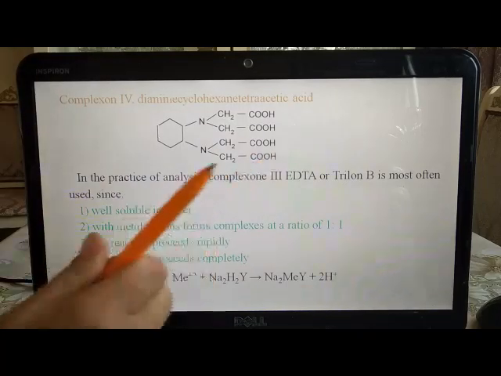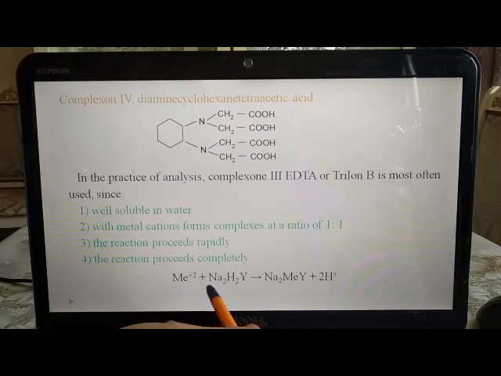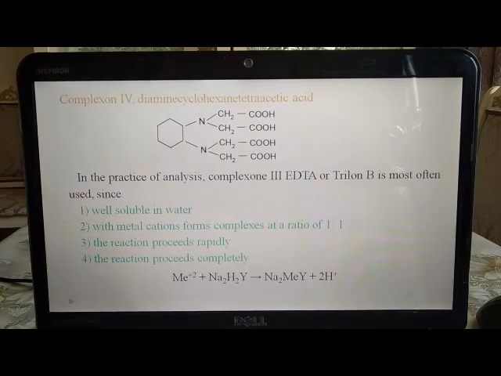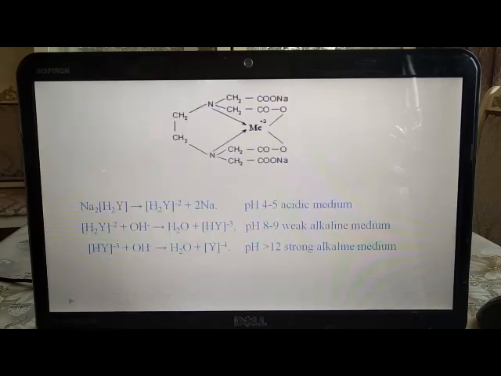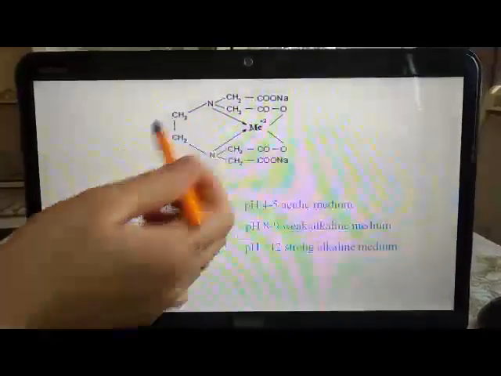The equation has this form: metal cation plus Trilon B gives the salt of the complex with the metal, and hydrogen protons. This is the structural formula in this form.